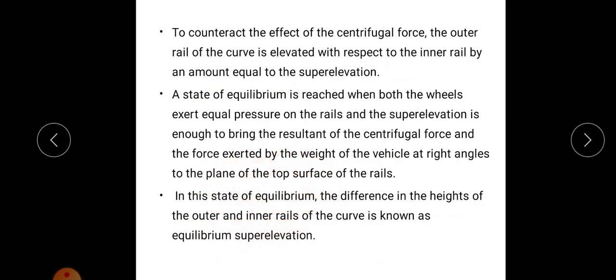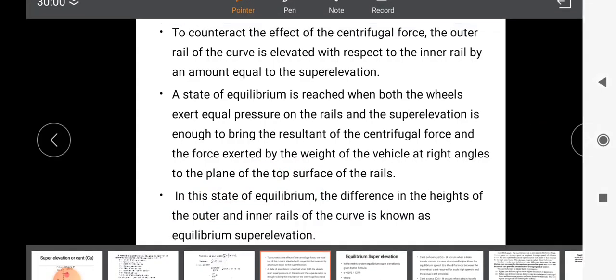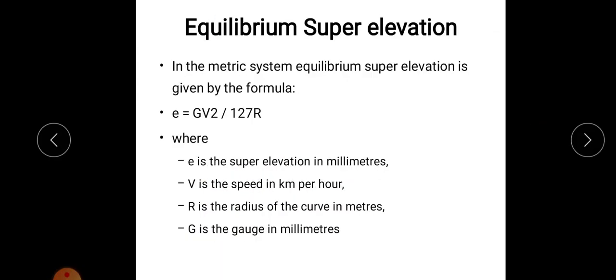So equilibrium super elevation is derived based on the equilibrium condition, and the equation for calculating it is E is equal to GV square divided by 127 R.